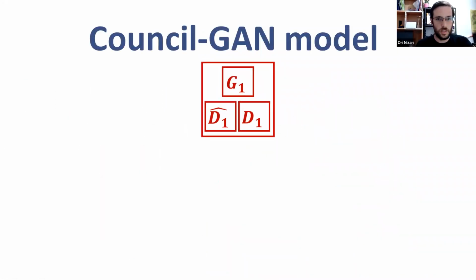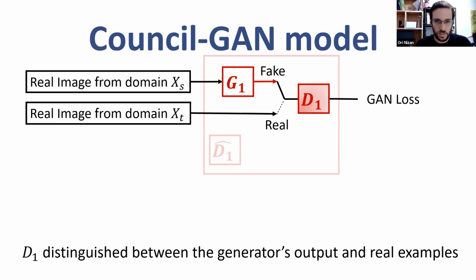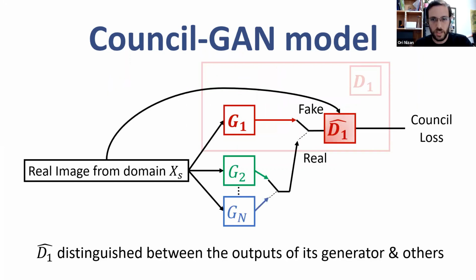Each member of the council consists of a triplet of one generator and two discriminators. The task of the first discriminator is to distinguish between the generator's output and real examples from the target domain, as done in the classical GAN. This informs the generator that the generated image should belong to the output domain. The second discriminator distinguishes between its own generator's output and those generated by other generators in the council.